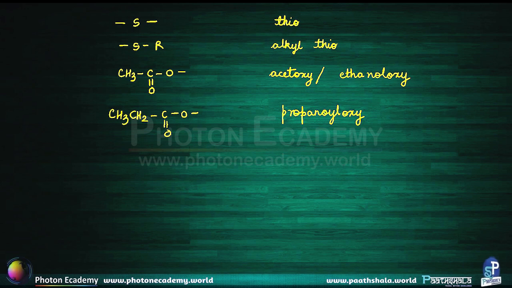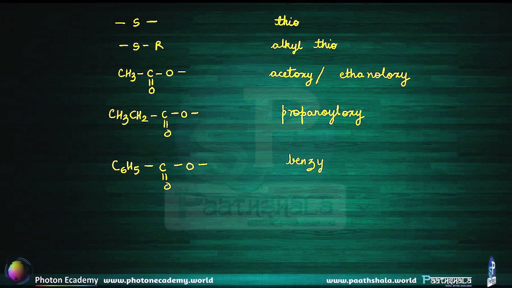Next, if we have C6H5 as well as C double bond O and an O present, we call this benzoyloxy. And lastly, if we have an OR as substituent, we call this alkoxy. Alright, so this ends the substituents for us.